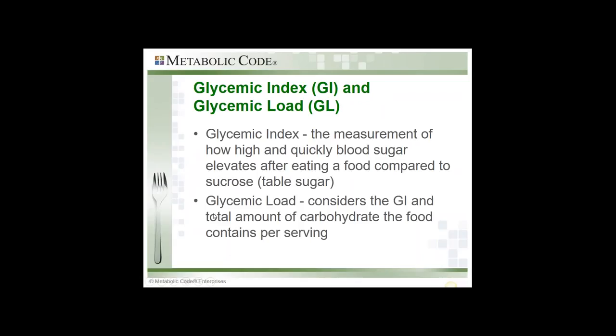So one of the factors that this whole idea of controlling carbohydrates involves is this concept of the types of carbohydrates that we eat and how much they cause our blood sugar to spike after we eat. And so this whole glycemic index and glycemic load thing comes into it.